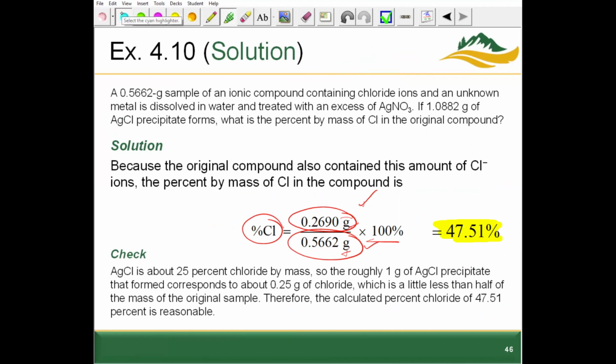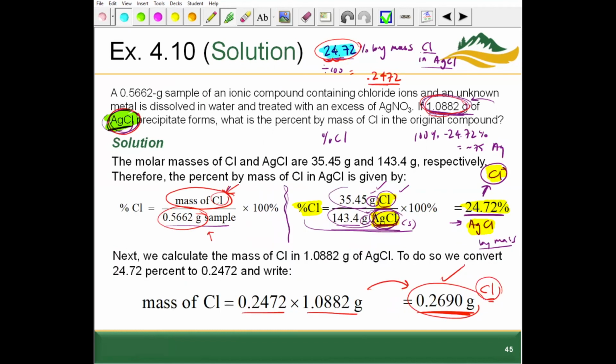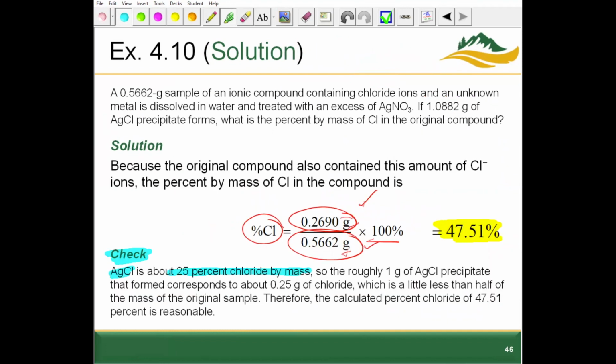To make sense of this value, we could check ourselves and know that AgCl is about 25% chloride by mass, right? Because we got it to be 24.72%, or this amount here. So because 25% by mass of AgCl is our chloride, then roughly 1 gram of AgCl precipitate would be composed of about 0.25 grams.